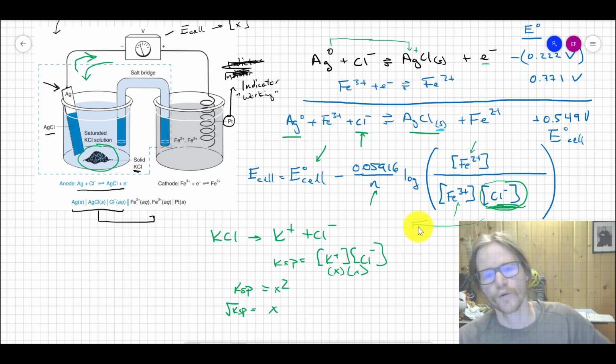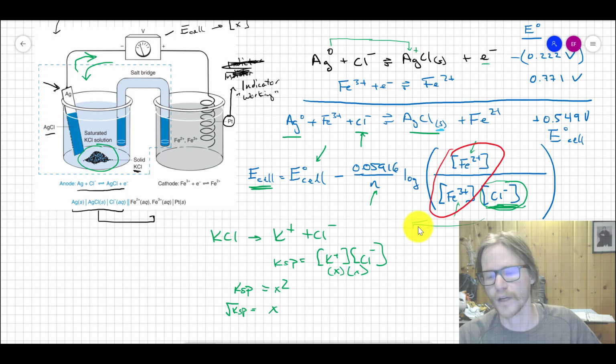So what does this actually mean? Well, it means that the cell potential is only then a function of the ratio of those two species. And just like our Henderson-Hasselbalch equation, where we had a log ratio like this, every factor of 10 difference or change in the ratio between these two species equates to a 0.05916 volt change per electron, if this is 1 electron.